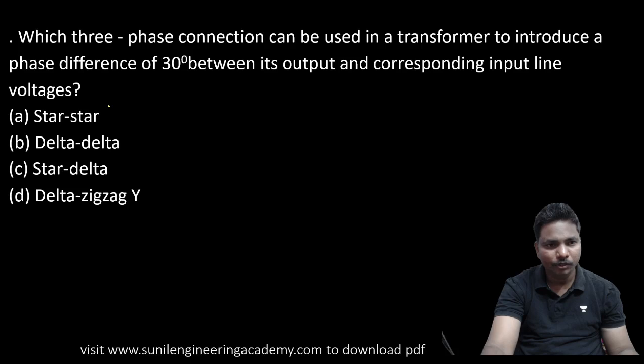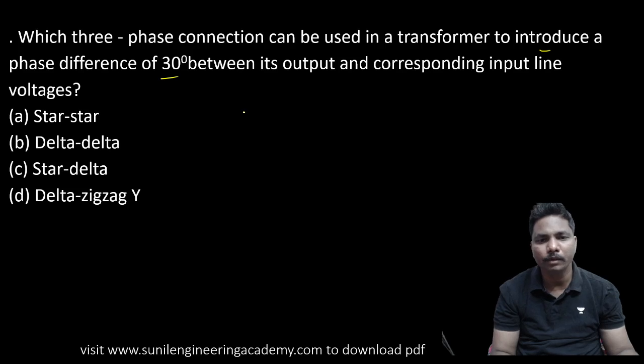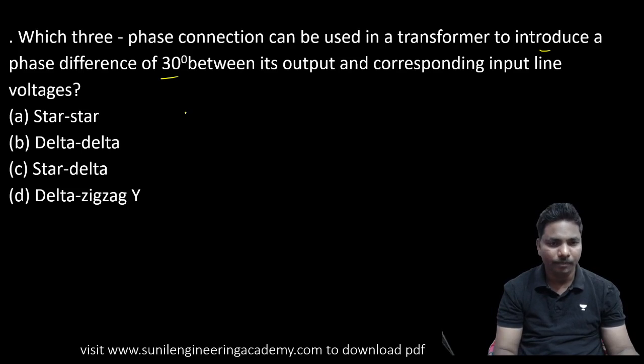Okay. Coming to the next one. Which three-phase connection can be used in a transformer to introduce a phase difference of 30 degrees between its input and output voltages?